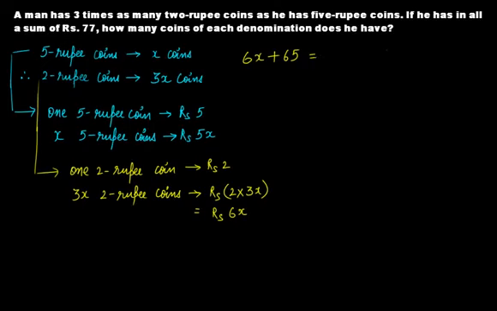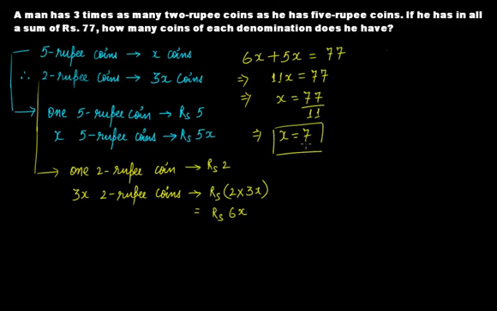Sorry, this is 5x plus 6x, which is 77. This gives you 11x is equal to 77, and dividing both the sides by 11, you get x is equal to 77 by 11, that is x is equal to 7.